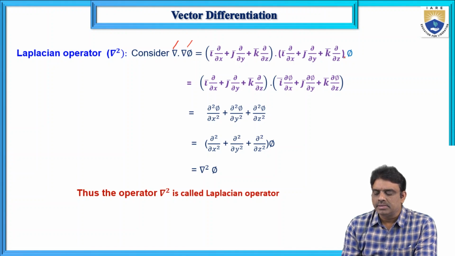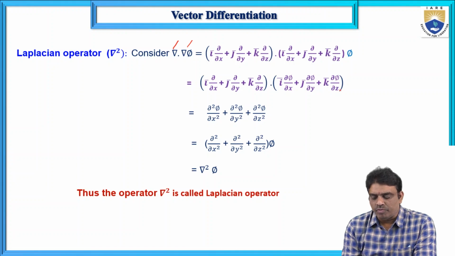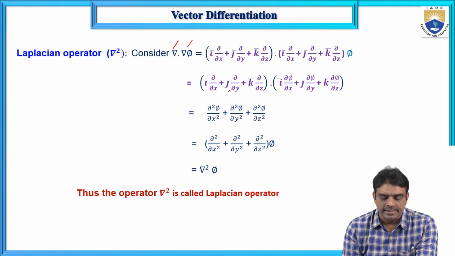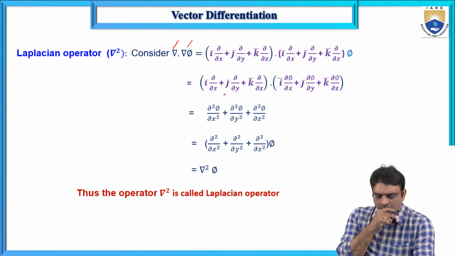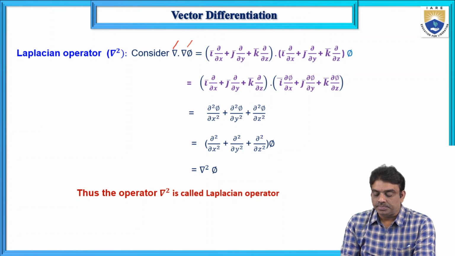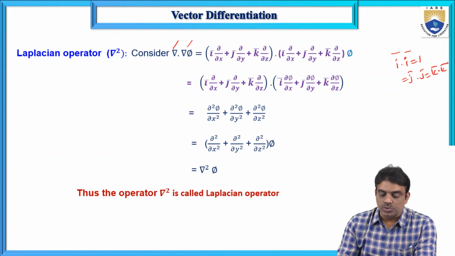On operating on phi, you will get the second term i bar dou phi by dou x plus j bar dou phi by dou y plus k bar dou phi by dou z, and the first differential operator as it is. On making the dot product, we get i bar dot i bar is 1, j bar dot j bar is 1, k bar dot k bar is also 1, and the remaining are all zeros.